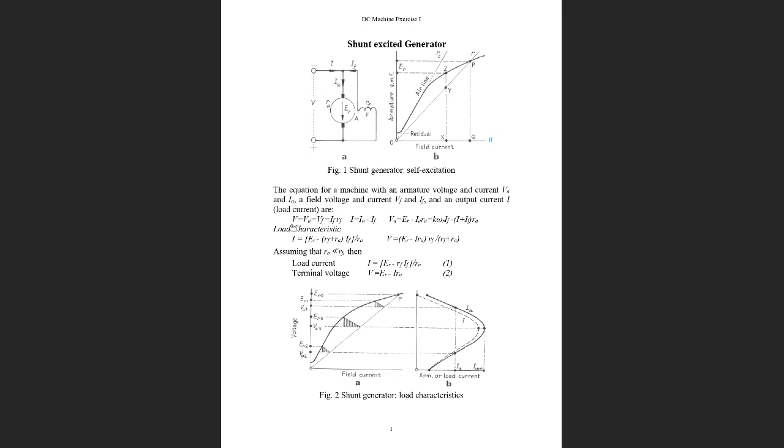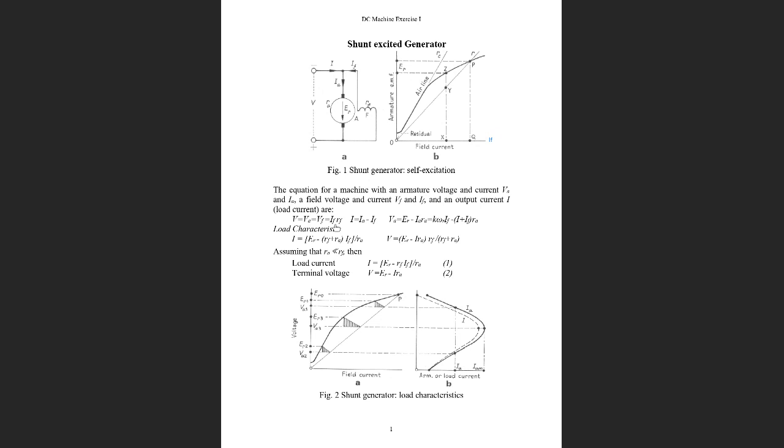First, the terminal voltage V equals the armature voltage VA, which equals the field circuit voltage VF, as can be seen obviously from Figure (a).